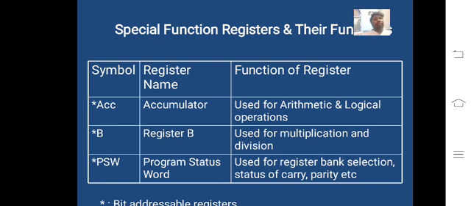The program status word is used for register bank selection and also for the status of carry, that means auxiliary carry or carry flag, or the overflow flag, which is the overflow bit, meaning the overflow carry will be present. That means the status of carry can be described.